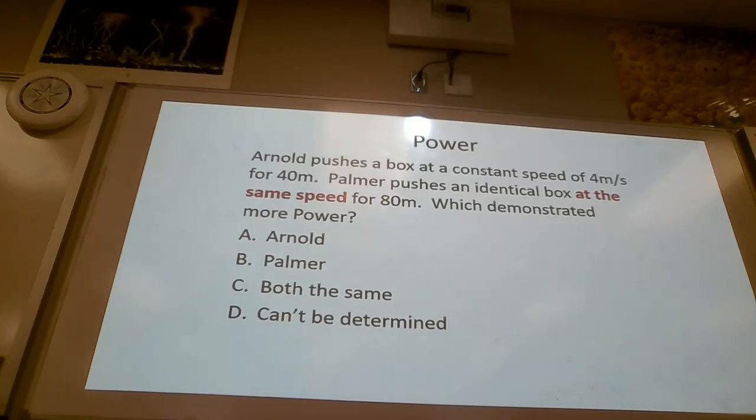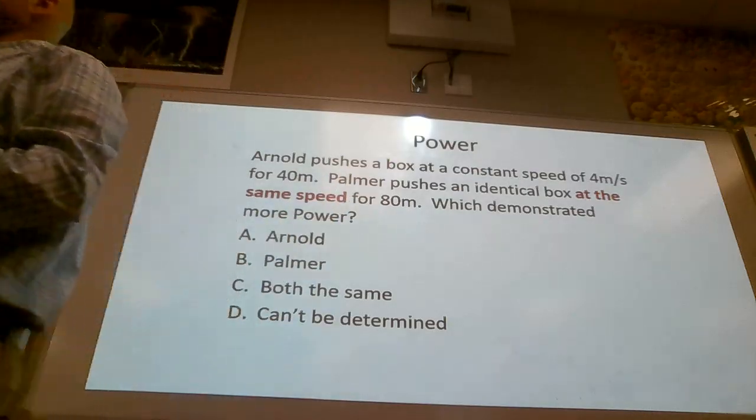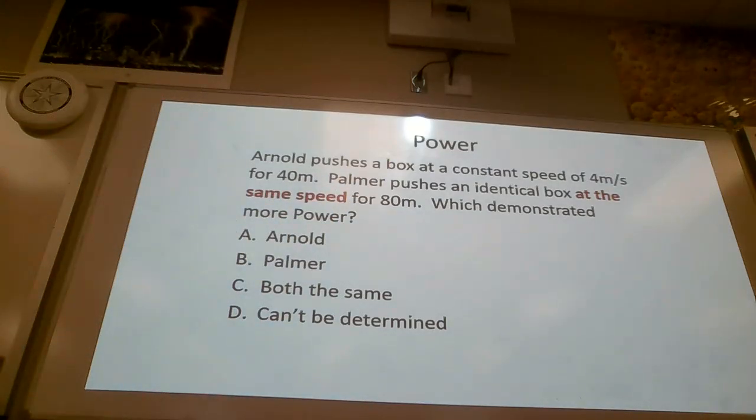With the time it took for him to push it 40 meters, he just doubled it. Okay. Before we answer the question, which person did more work? Palmer did more work, but which one's doing work at a greater rate?